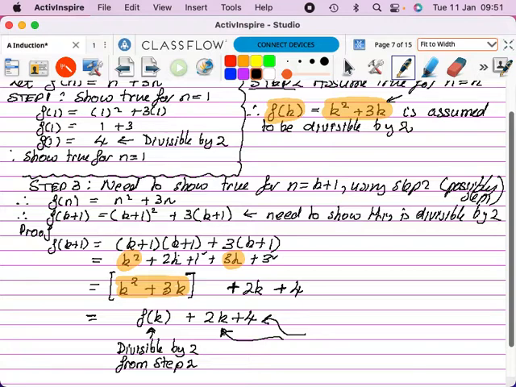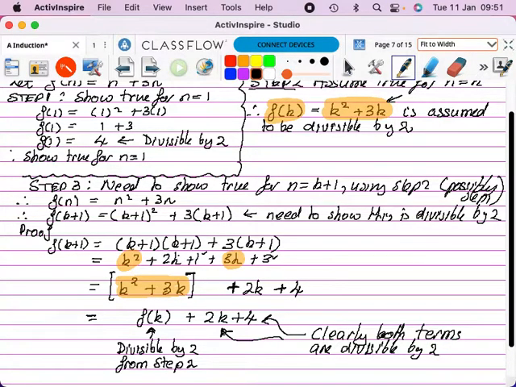And if you've got the number 4 sitting on its own, that's clearly divisible by 2. So clearly, both of these are divisible by 2.